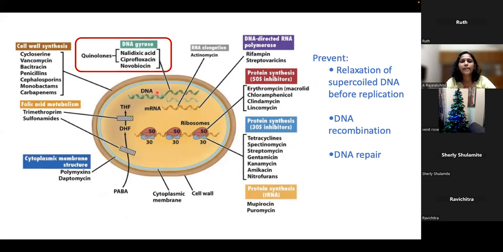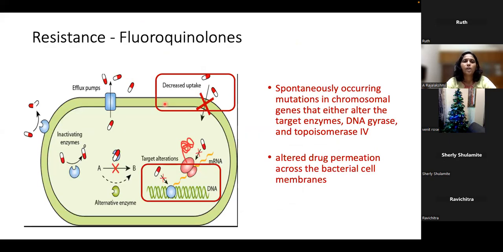This unwinding is inhibited by quinolone, and hence the further DNA recombination and repair doesn't happen. So cell death happens. What is the resistance? The main mechanism is decreased uptake, as we discussed. Spontaneously occurring mutations happen, and these are chromosomally mediated. They alter the target enzyme genes, that is DNA gyrase or topoisomerase 4, and they also alter the permeation of the drug into the cell.